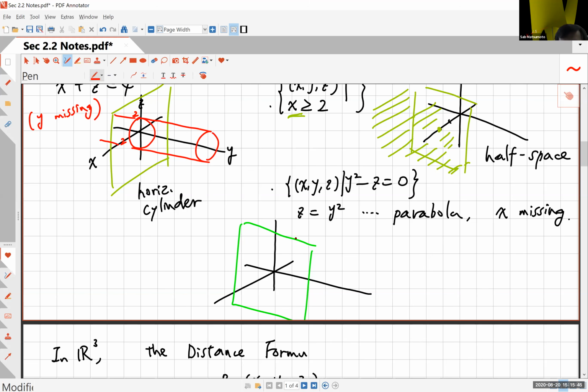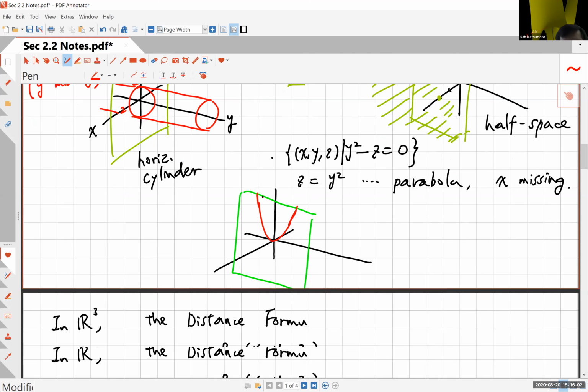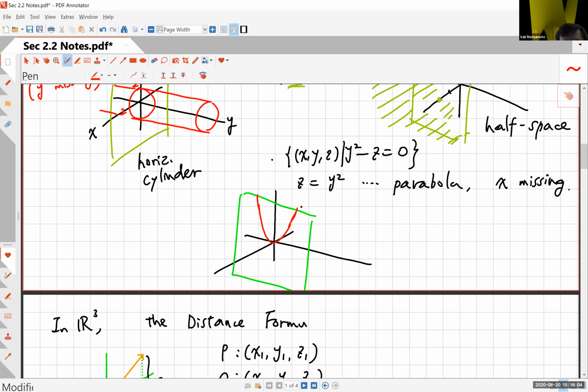It's a standard parabola that goes up, and it goes through points like (0, 1), (1, 0)... (y, z) = (1, 1), (2, 4), (3, 9), and so on. And then because x is missing, we just keep drawing this, extending it in the direction parallel to the x-axis.